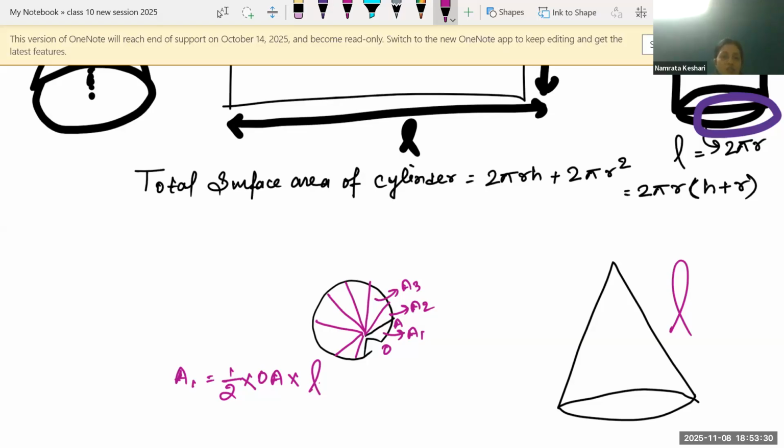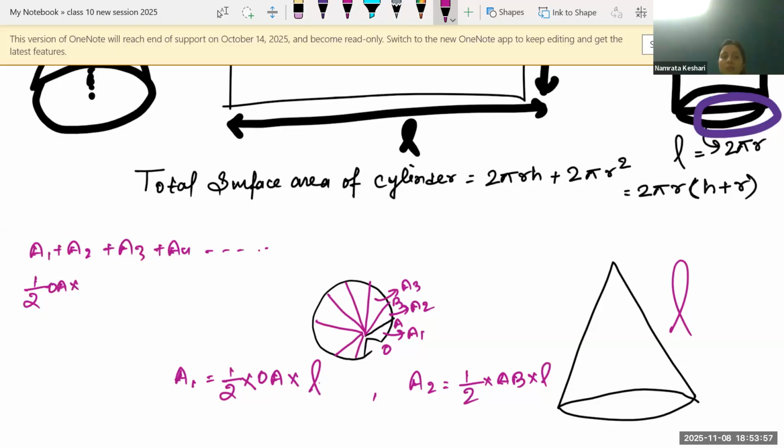Quickly, we'll be starting with questions. So for area 2, also 1 by 2 into base, suppose the base is AB, into height L. This way it will come. When we add area 1 plus area 2 plus area 3 plus area 4, just like that, we get 1 by 2 OA into L plus 1 by 2 AB into L. If we take 1 by 2 L common, we are left with OA plus AB and the remaining bases, which is nothing but the circumference of this circle.